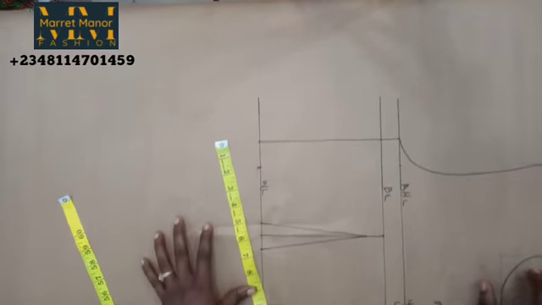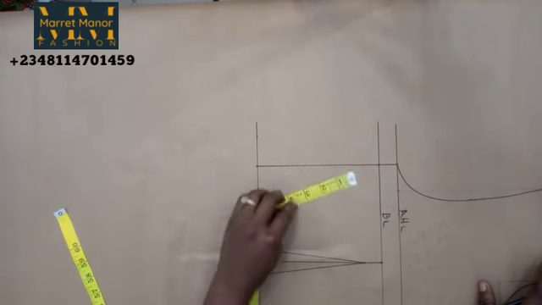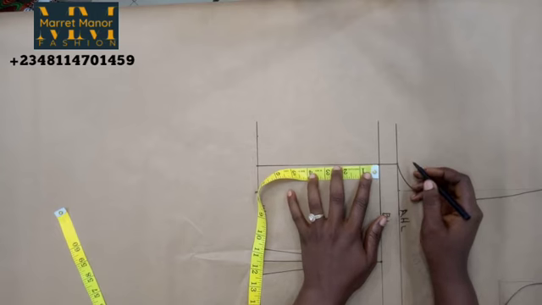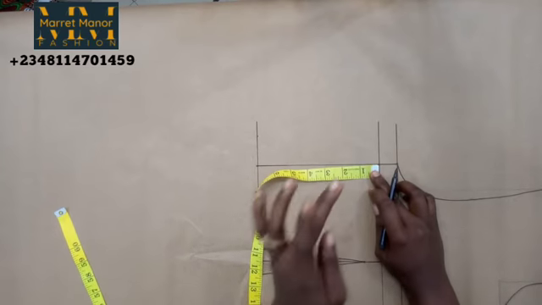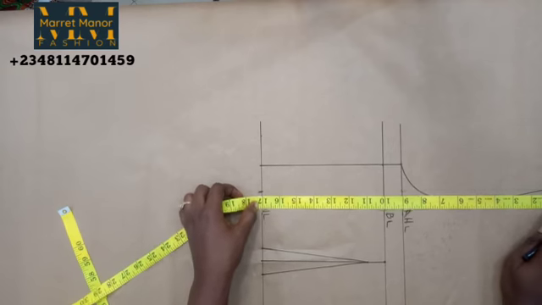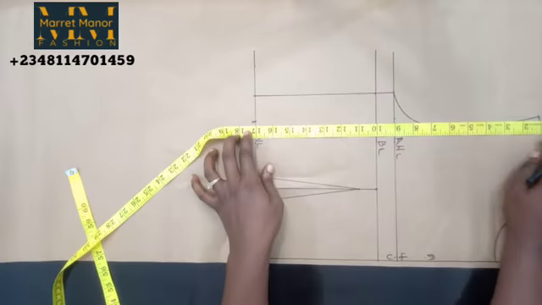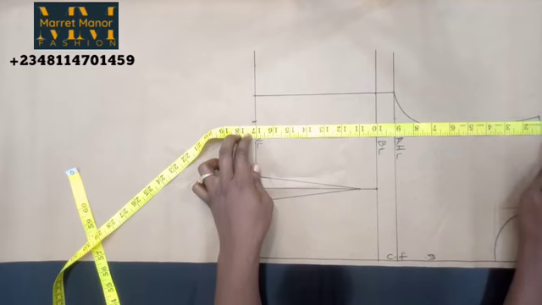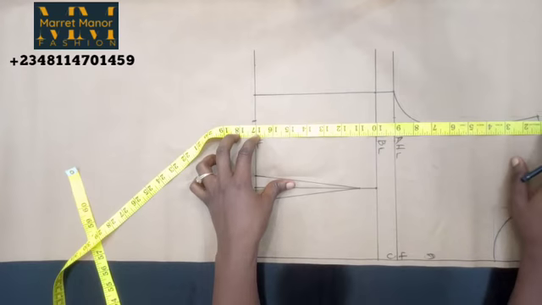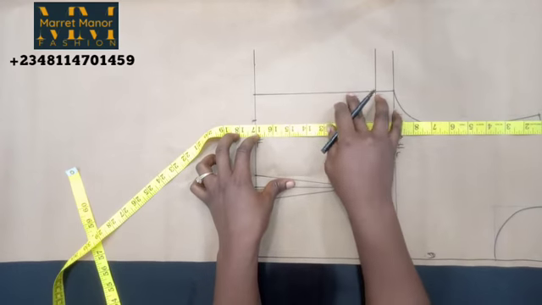So I'll just continue. From the bust line, whatever difference you have between your front length, your shoulder to your front waistline, and your shoulder to the back waistline, that's what we're going to take for our side dart.